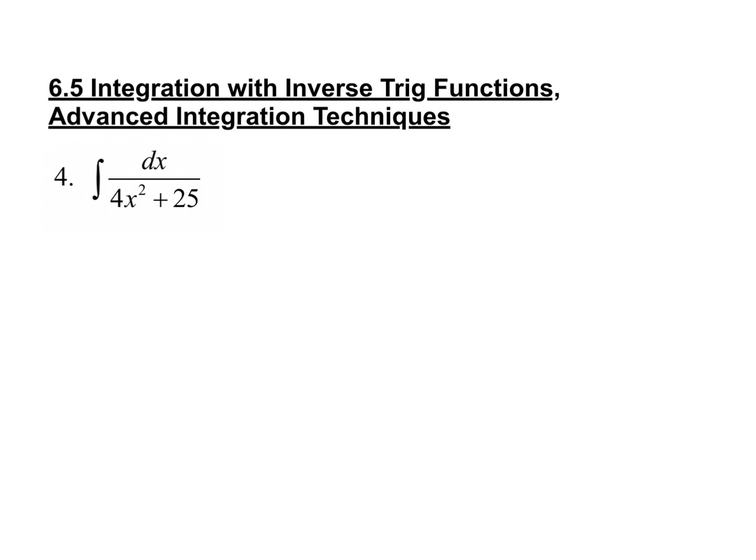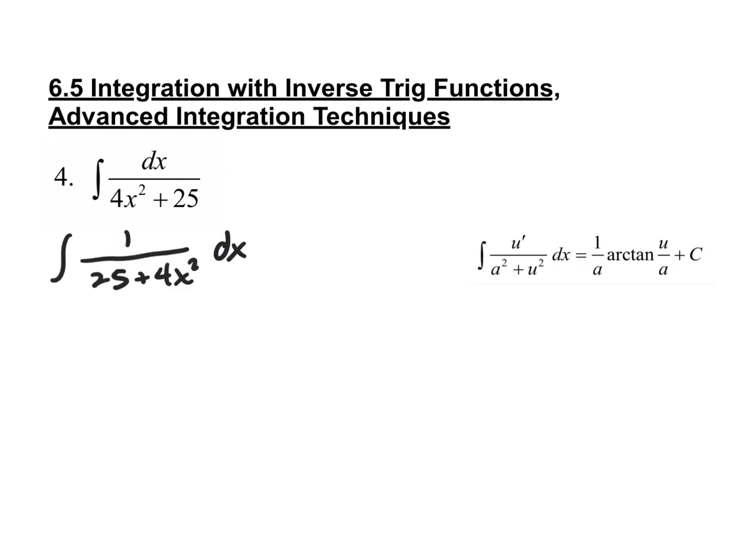Or sorry, arc tangent. All right. It's got a plus and there's no square root. Now I'm going to flip it around so we put it back into that form. You don't have to. And I just went ahead and copied this back here so we can see that it's in that form.